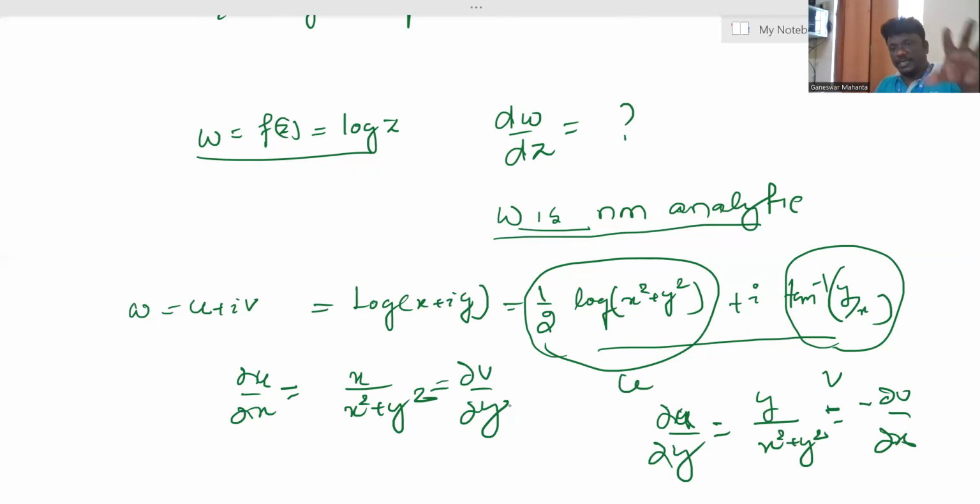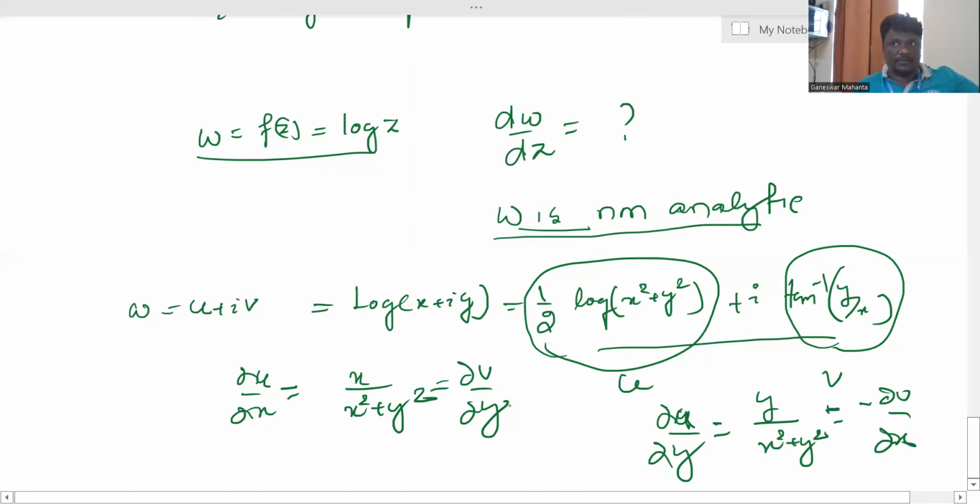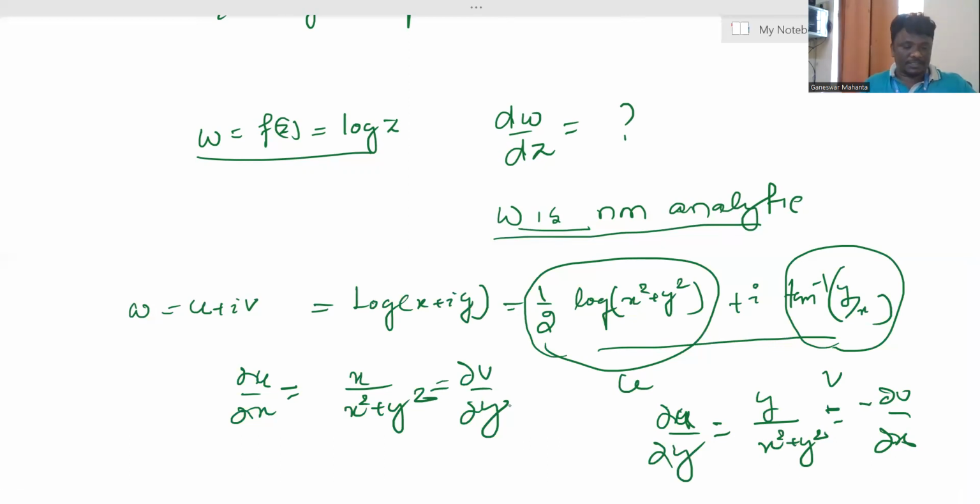That means the derivative exists. The Cauchy-Riemann equations being satisfied is the necessary condition for the existence of the derivative in the complex plane, and it is satisfied here.